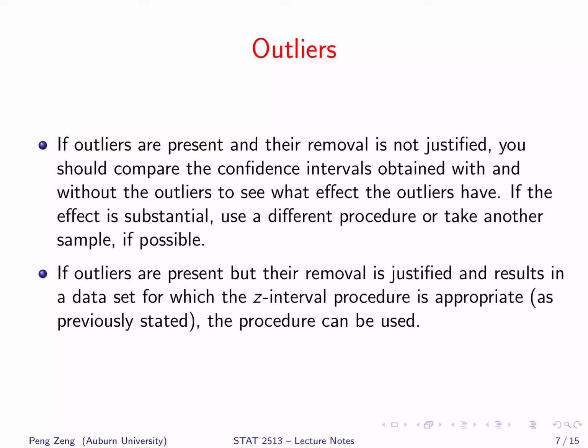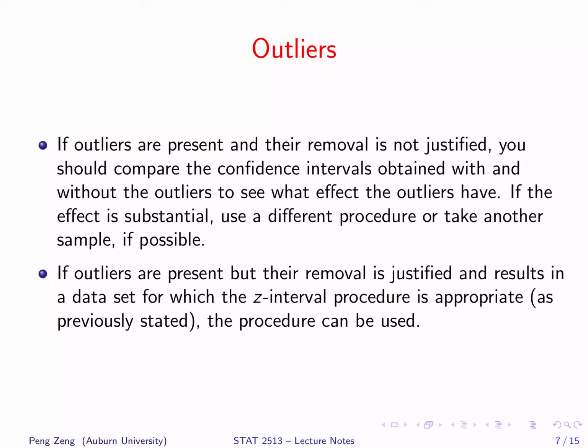It means that we will construct two confidence intervals, one with the whole original data and one with outliers removed. We need to compare these two confidence intervals to see whether they are similar or quite different. If these two confidence intervals are substantially different, use a different procedure or take another sample if possible.